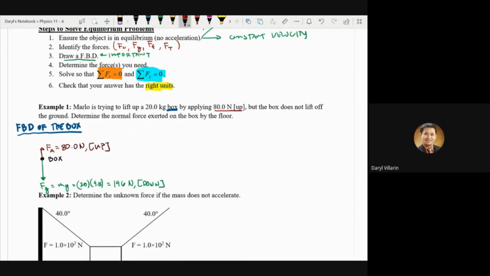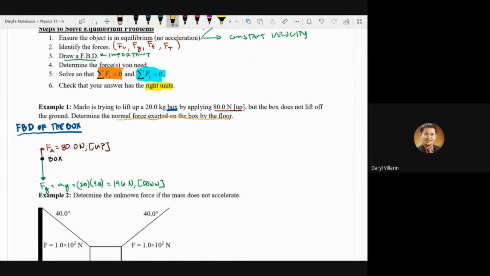So the question is, what would be the normal force exerted on the box by the floor? From that question alone, that gives you an idea that, is it not that I mentioned last time that any object lying on a particular surface exerts a force on the surface, and the surface exerts a force back? That particular force is what we call the normal force. So there must be a normal force, the force exerted by the surface.